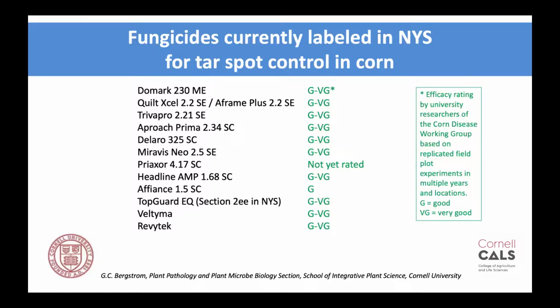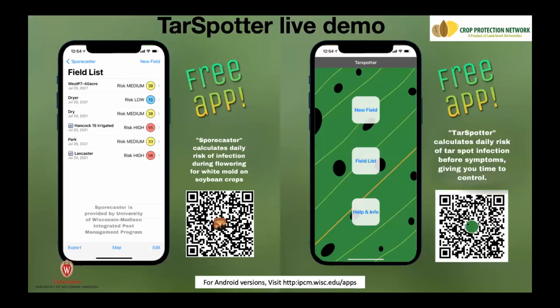Another thing I'd like to mention: my colleagues at the University of Wisconsin, you may be acquainted with their Sporecaster, a cell phone app some of you have used to predict white mold severity in soybean. They now have a new variant, Tar Spotter, that does an excellent job taking in data for a particular cornfield and looking at the risk of tar spot infection.